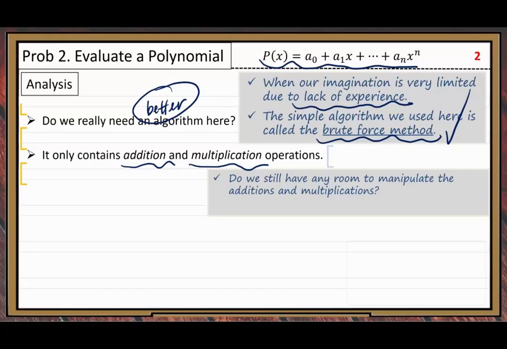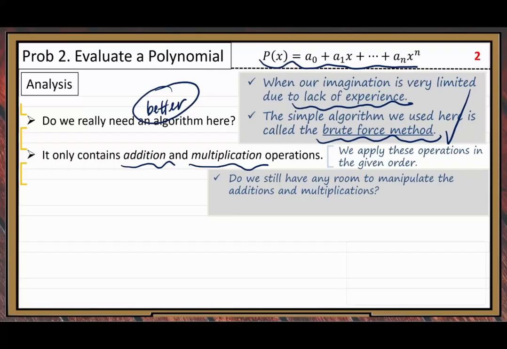How much room do we have to manipulate these additions and multiplications to get a different counting result? Because here we do counting, right? We want to count the number of additions and the number of multiplications.